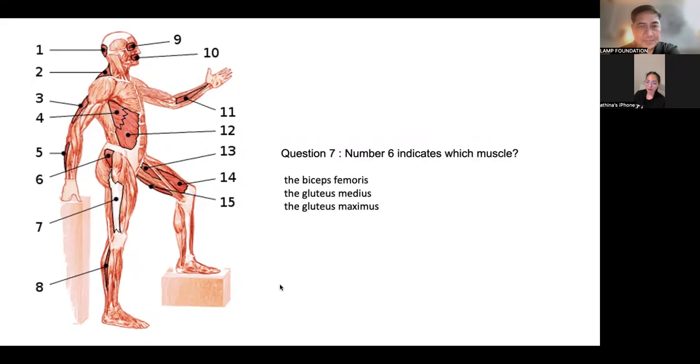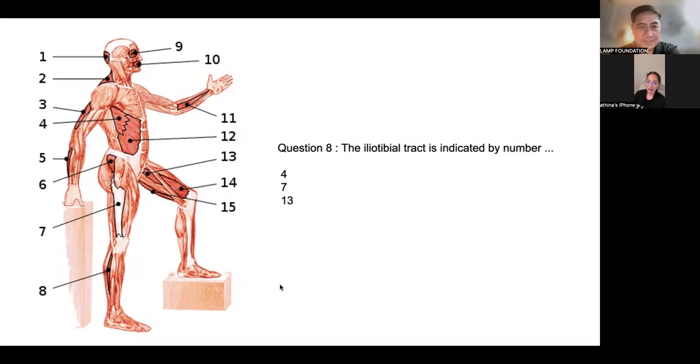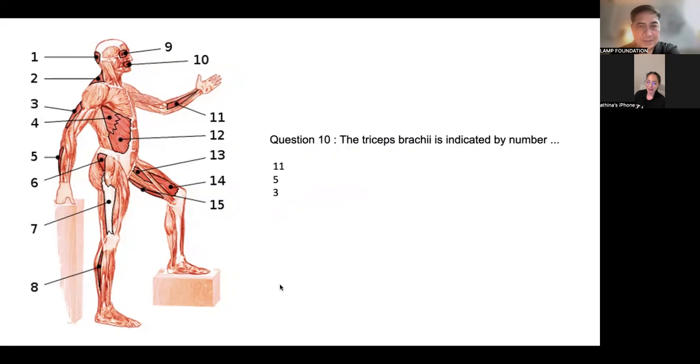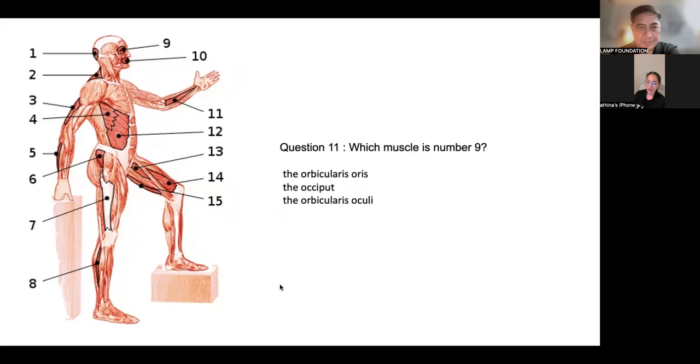Serratus anterior, that's number 4. Number 6, the gluteus medius. Iliotibial tract, that's number 7. Adductor longus, number 13. Triceps brachii, the number 3.